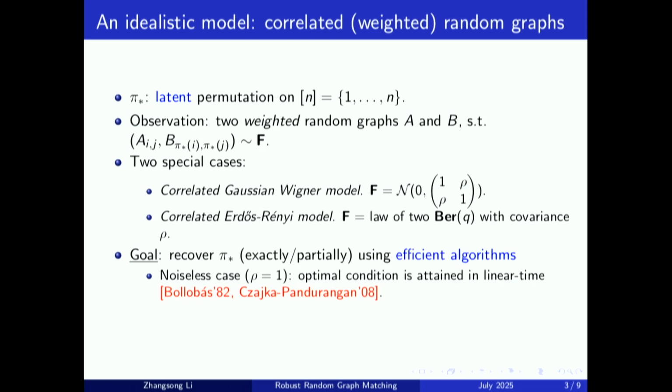In the noiseless case, where these two graphs are exactly isomorphic to each other, this problem is not that hard, and it has been shown that the optimal condition is attained by a linear time algorithm. However, in the noisy case, when the correlation is strictly smaller than 1, little was known about efficient algorithms until recently.